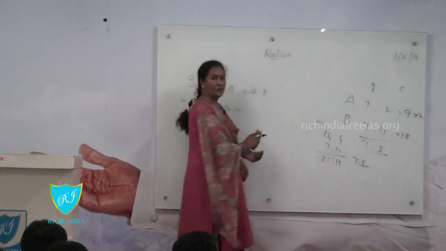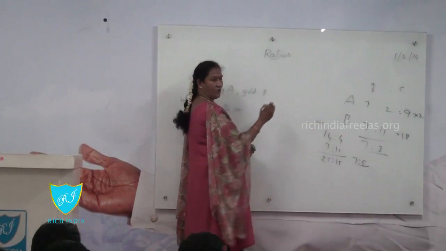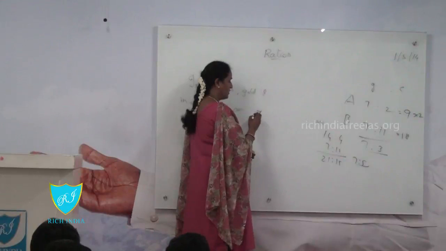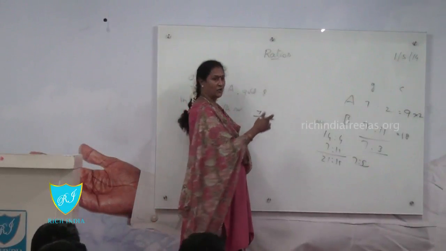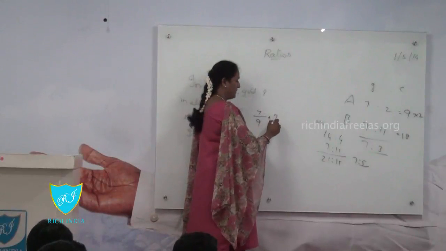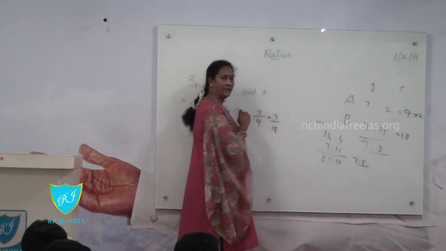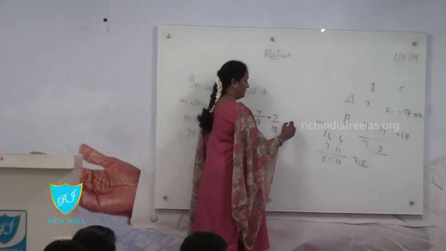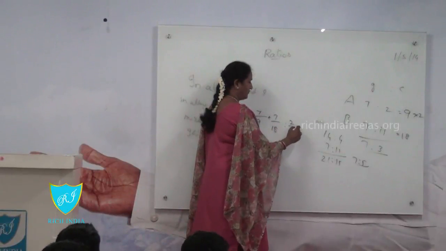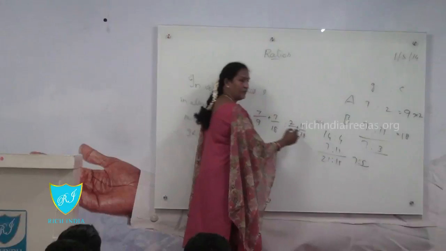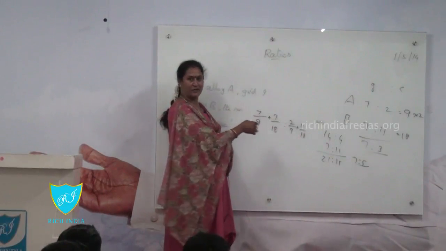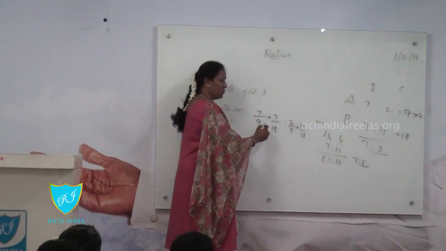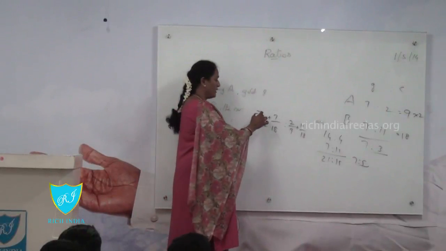How do we do this working? In the first alloy, gold is 7 parts out of 9. In the second alloy, how much gold is there? 7 out of 18. And copper is 2 out of 9 and 11 out of 18. When we add, what do we do? We take the LCM, cross multiply, or make the denominators the same. So here we multiply by 2, here we multiply by 2.